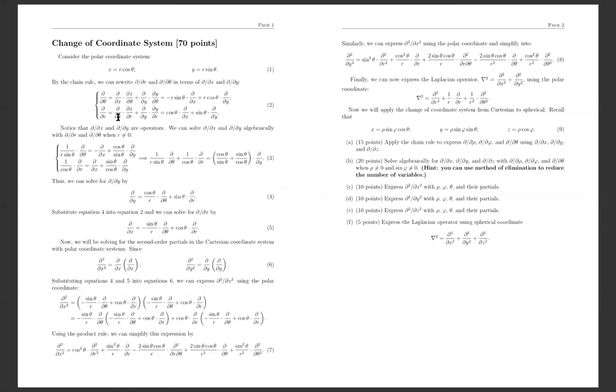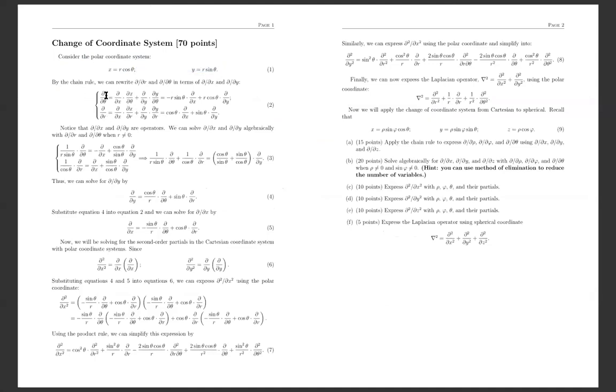Okay, sure. So for the example, I use a polar coordinate system, so x and y are represented by r and theta. The formula 1 here.